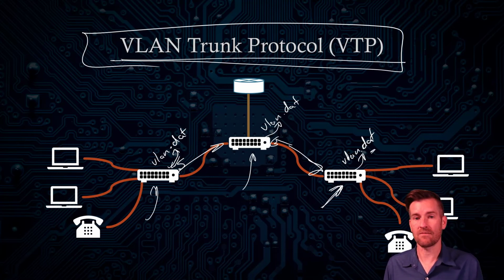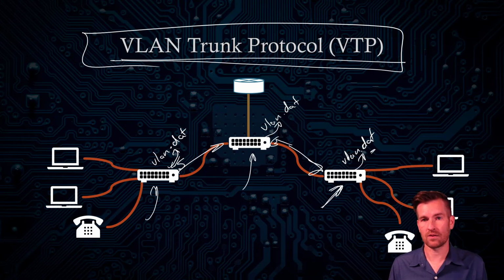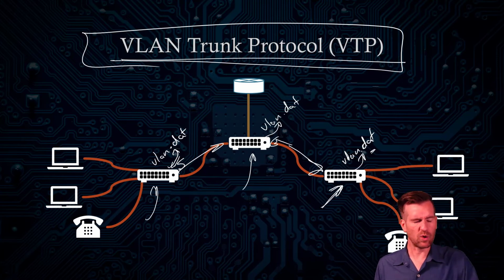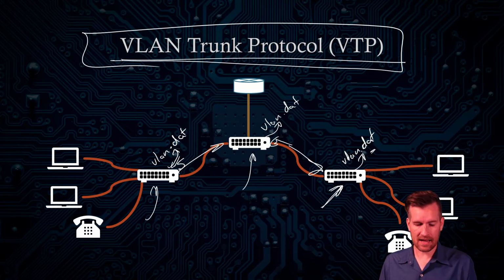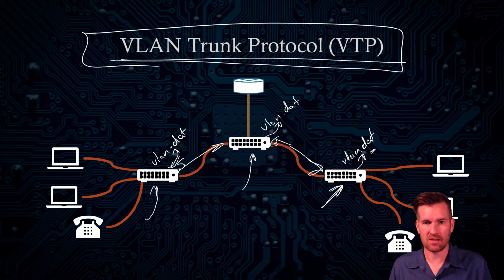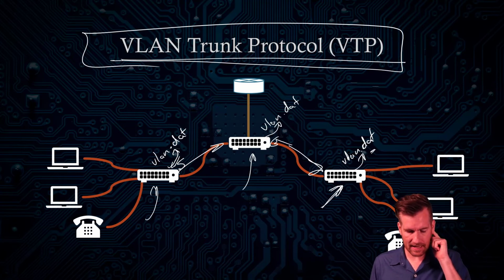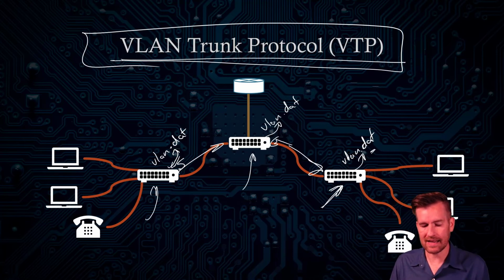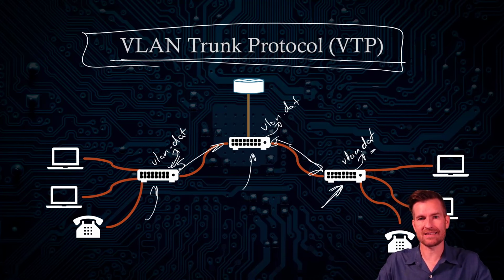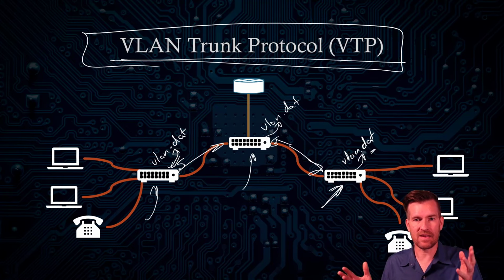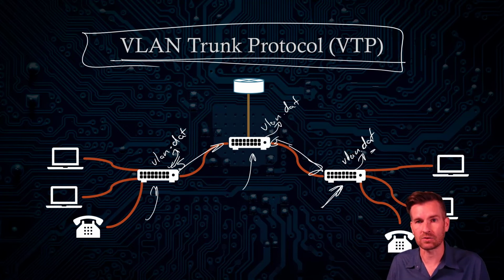They all have the same VLANs configured on each one of those switches. We don't get real in-depth into VLAN Trunk Protocol in CCNA. It used to be a topic that the old CCNA had on it, but we don't need to get real in-depth into it. Just realize that it distributes the VLAN information to the different switches.